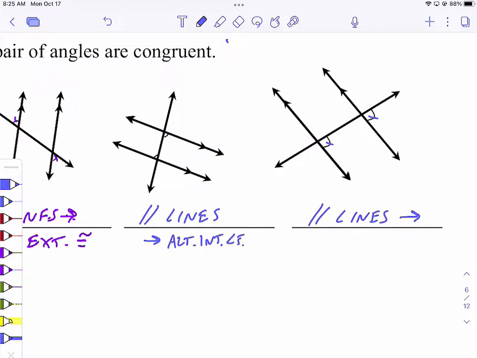Okay? They make that F shape. F shape is corresponding angles. We're going to see a lot of those. And again, if the lines weren't parallel, they wouldn't be congruent. The lines are parallel. Oh, I forgot to write congruent on this one. And I got to write congruent on this one. Corresponding angles are only congruent if the lines are parallel.